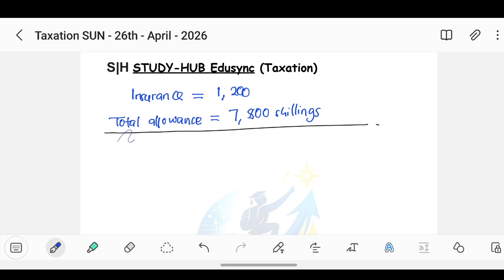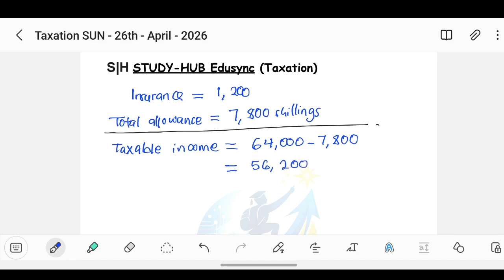Taxable income is equal to the gross, which is 64,000, minus the total allowance, which is 7,800 shillings, and what we get is 56,200 shillings there.